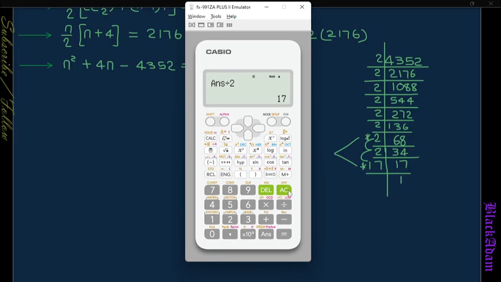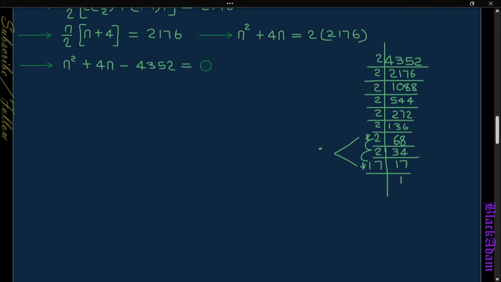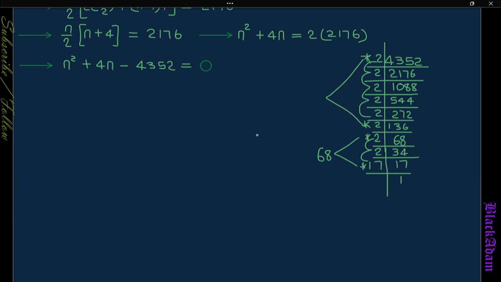So 2 times 2 times 17 gives us 68. We have to count how many 2's we have.